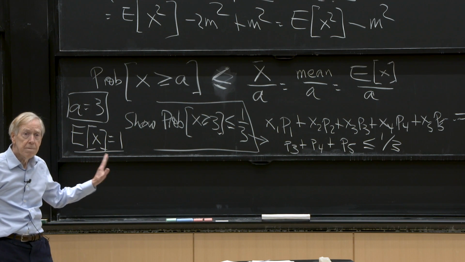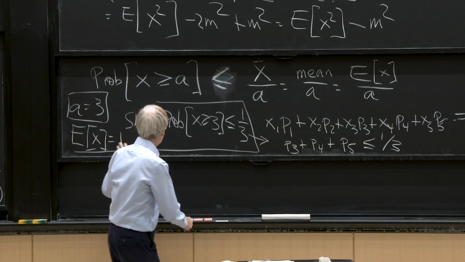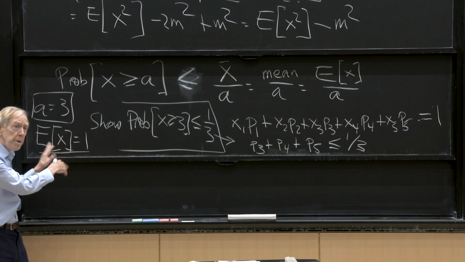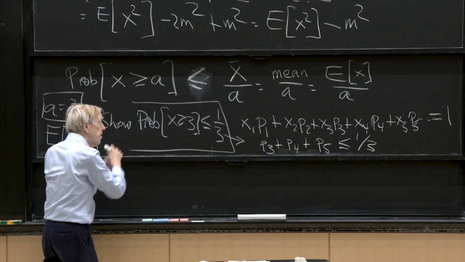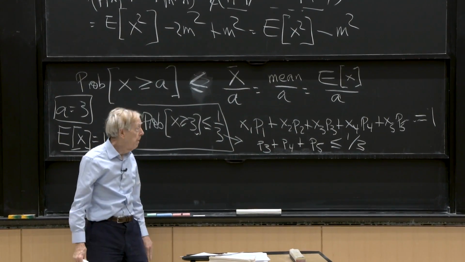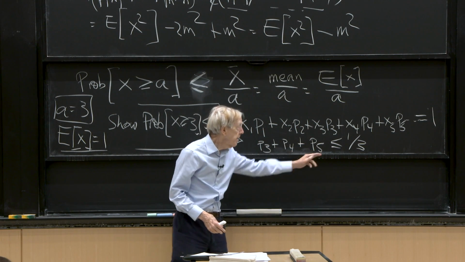What I liked about this elementary approach is that I've stated these facts, these probability assumptions and conclusions directly in terms of numbers. So I just want to show that if this is true, then that's true.